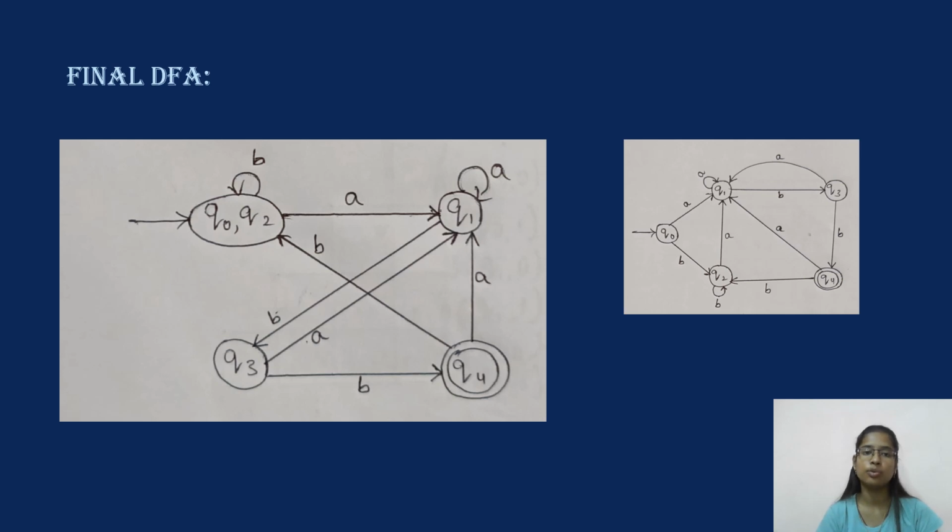And q1 on A is self looped, and on B it moves to q3. q3 on A goes back to q1, and on B it moves to q4. q4 on A goes to q1, and on B it goes to q2. So this is the final DFA we got here.